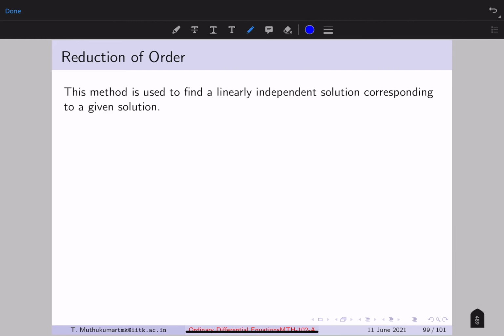So if you know one solution, you can find a linearly independent solution corresponding to the given solution. And to do that we use the reduction of order technique.